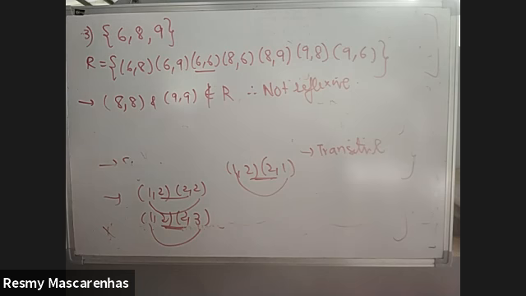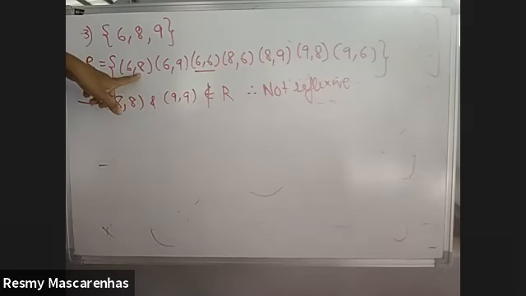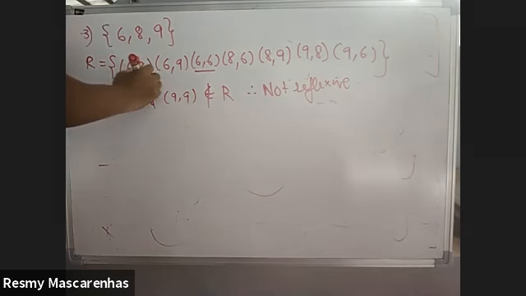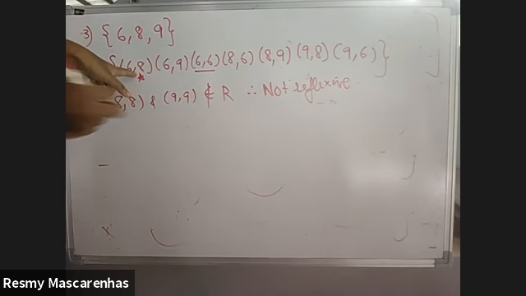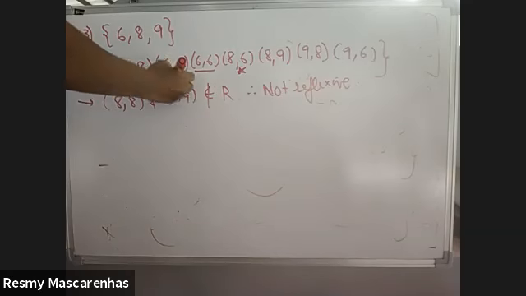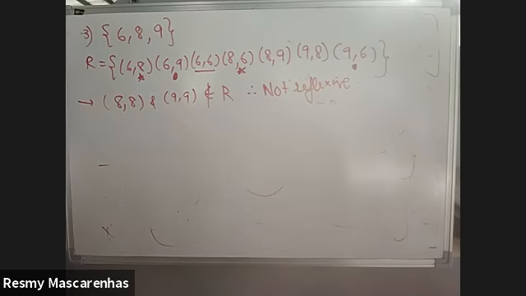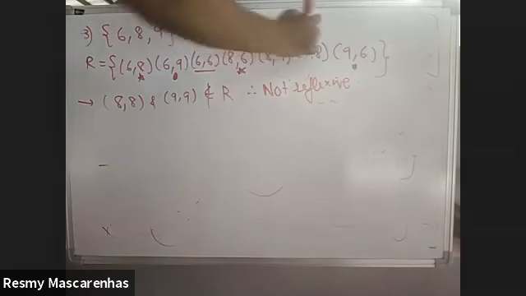Then check for symmetry. 6, 8 is there. We'll check its reverse. Yes, 8, 6 is there. 6, 9, 9, 6. Then 8, 9, 9, 8.